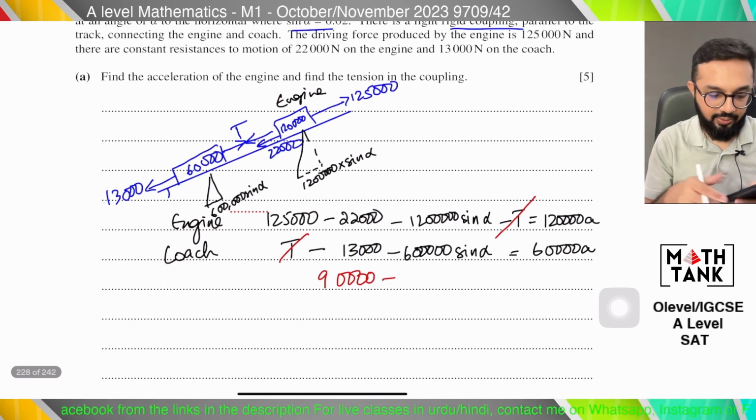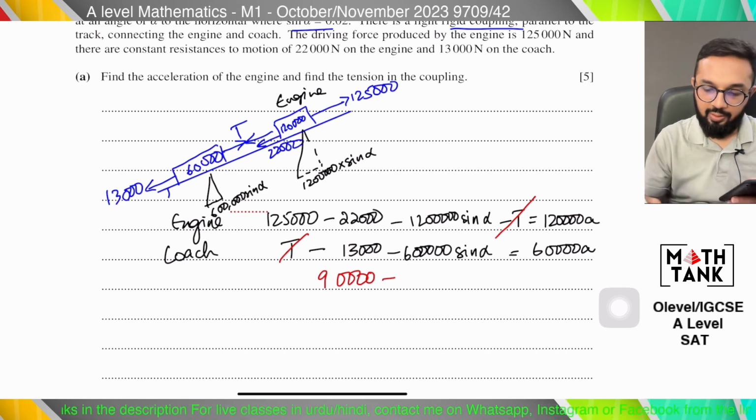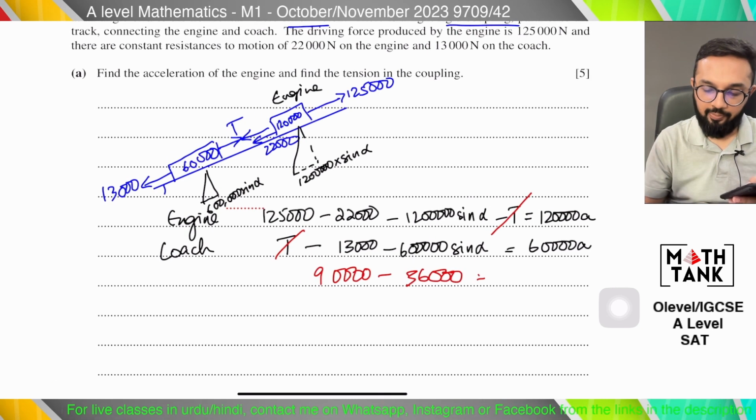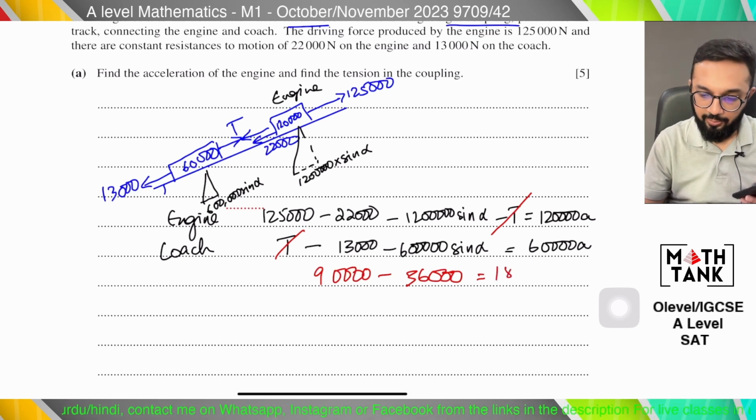Sine alpha was 0.02, so times 0.02, minus 36,000 equals 180,000 a.